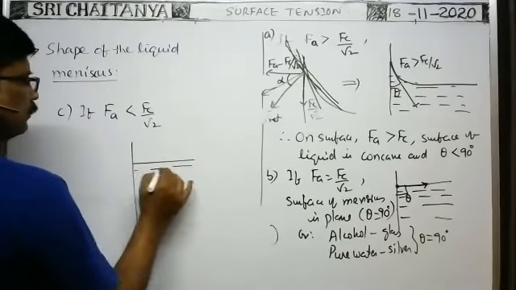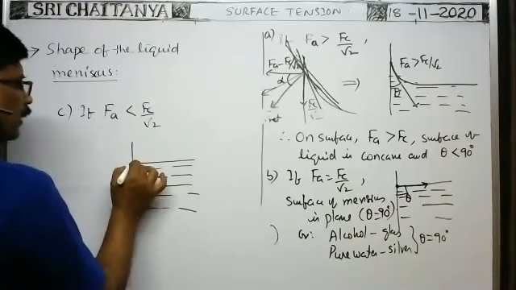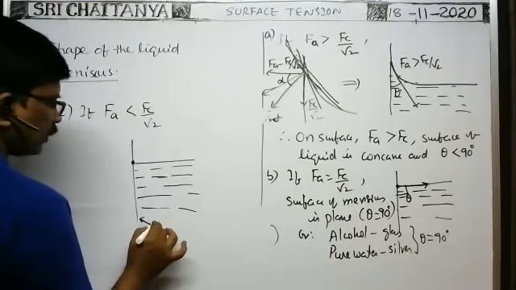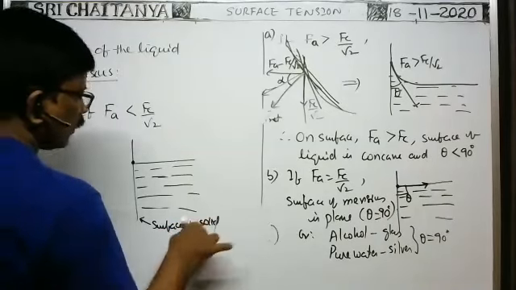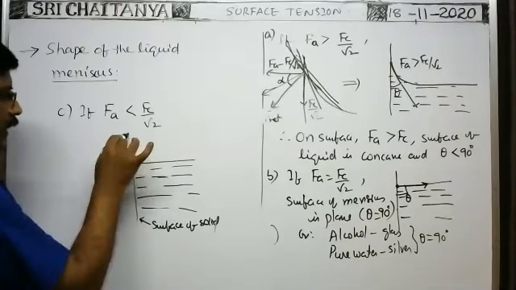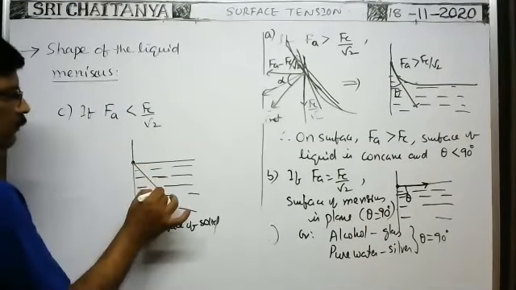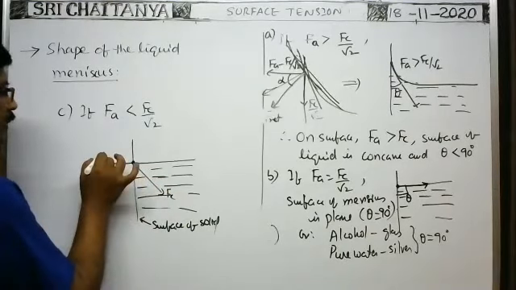When you consider the molecule at the surface of the liquid in contact with the solid surface, the net coercive force acts in this direction, and the adhesive force is in this direction.